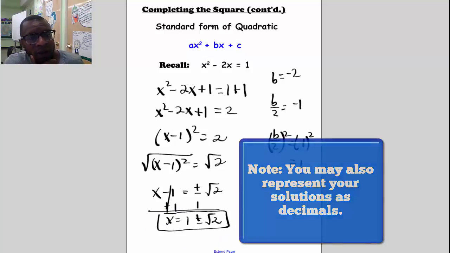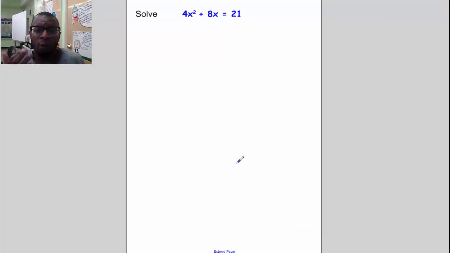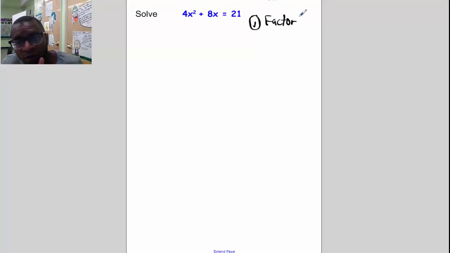Now let's look at an example where a is not 1. Here we have 4x squared plus 8x equal to 21, and we want to solve for x by completing the square. We're going to do the exact same thing that we would if a was 1, except the first thing we do is factor out the GCF on the left-hand side.